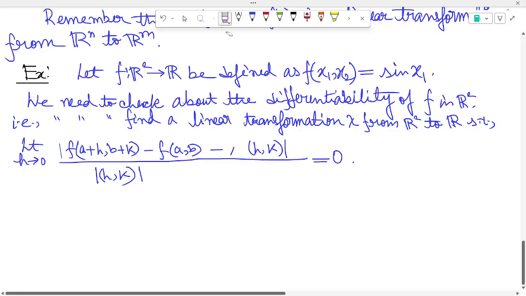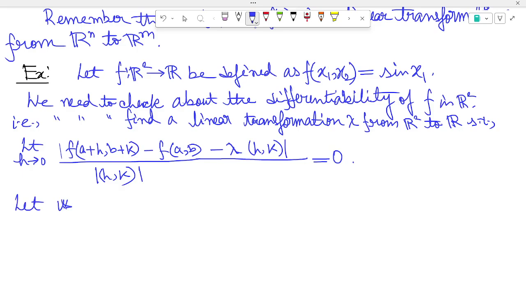So what is the linear transformation here? What is the derivative of sine x1? It is cos x1. So the linear transformation is cos of that thing into h1. Okay, I am defining it here.